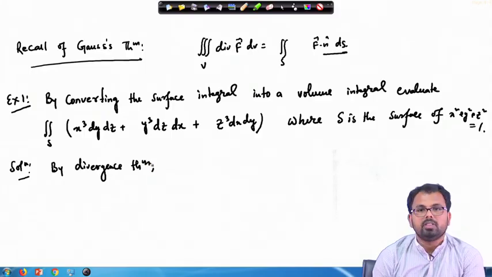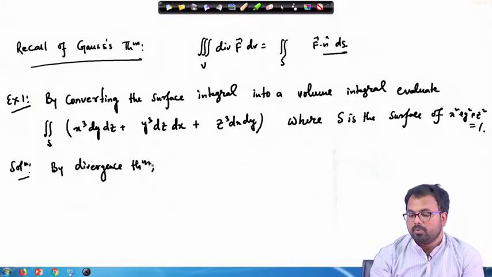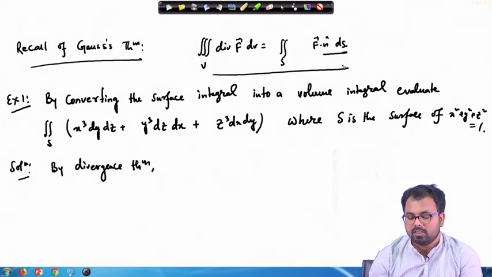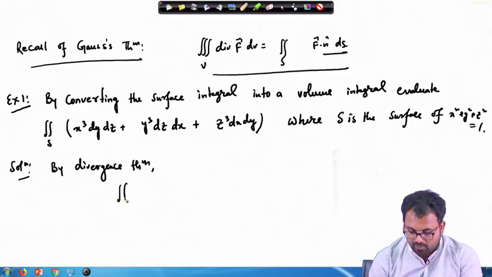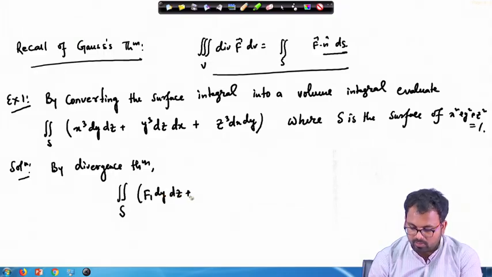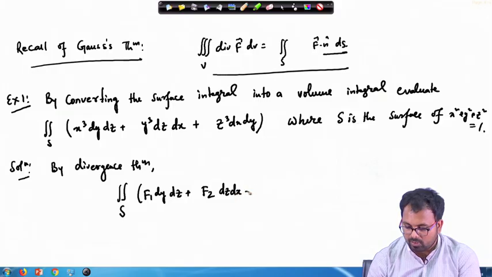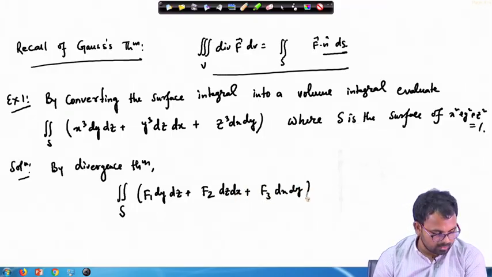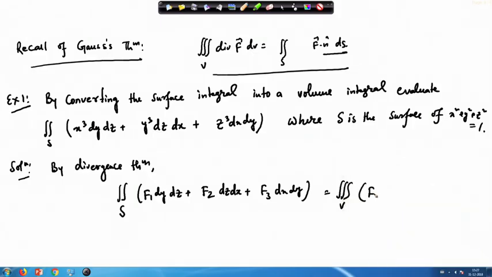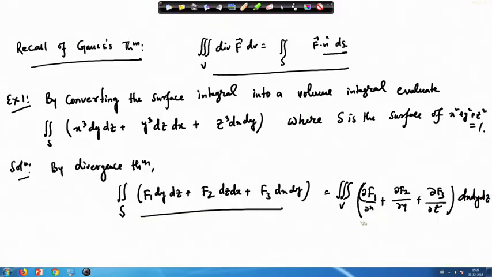There are 2 or 3 expressions for it, and one of them is the form with dx dy, dy dz and dz dx, which we write here. By the divergence theorem, the surface integral over S of f1 dy dz plus f2 dz dx plus f3 dx dy equals the volume integral over V of del f1 by del x plus del f2 by del y plus del f3 by del z, dV, which is dx dy dz.